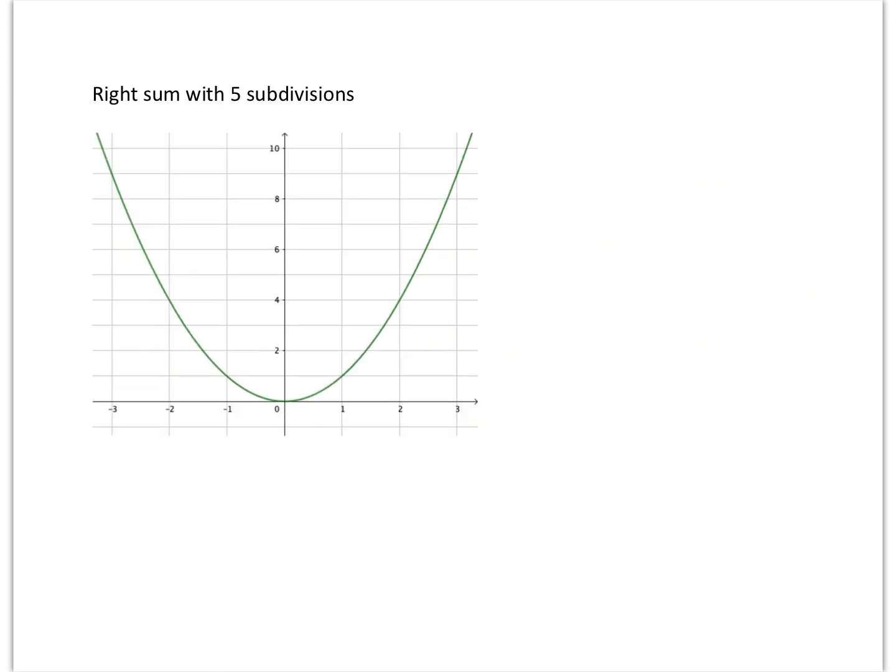Now I'm going to estimate the same integral from -2 to 3 of x squared dx with a right-hand sum, 5 subdivisions. So I'm going from -2 to 3, break it into 5 equal pieces. And over each interval, I'm going to build a rectangle. The height of that rectangle is the height of the function at the right endpoint.